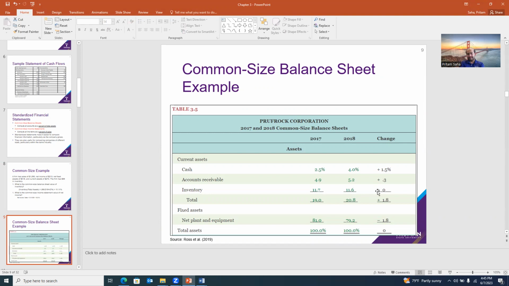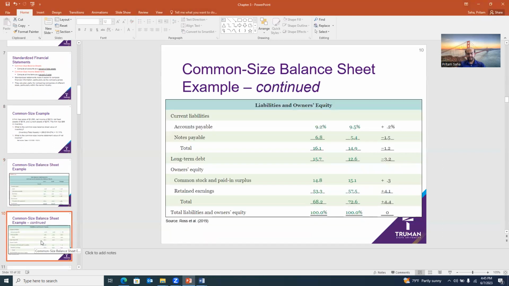One of the bad things is, if you want to generate return from the business operation, fixed assets will generate return. Cash will never generate return. So this is a bad thing because you did not invest in fixed assets, rather you hold more cash. You have better liquidity, that's fine, but you may have some difficulties in generating return because you hold less fixed assets.